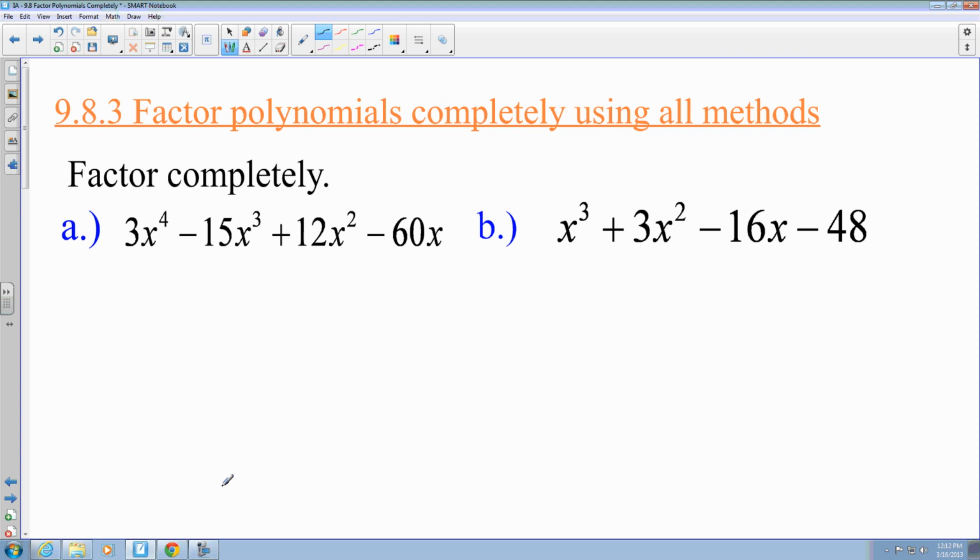So looks like my degrees are in the appropriate spot, so I think I can factor it out with these parentheses enclosed in it. So I got 3x to the fourth minus 15x cubed.